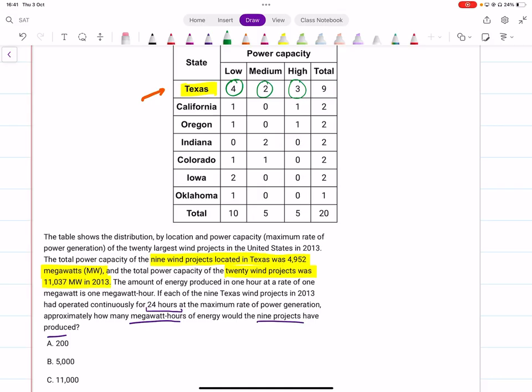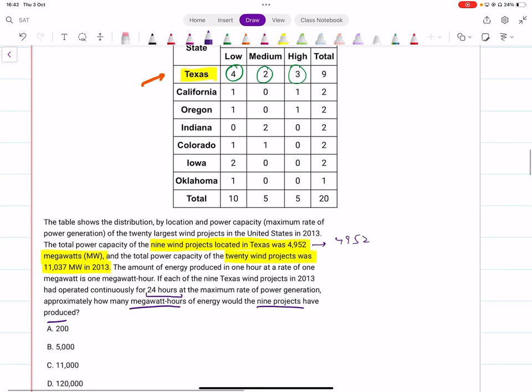Okay, so we don't really care about that, to be honest. So we know that the total power capacity is 4952. The table is kind of irrelevant in that sense, right? The total power capacity is 4952 for the 9 projects in Texas. That's the total power capacity.